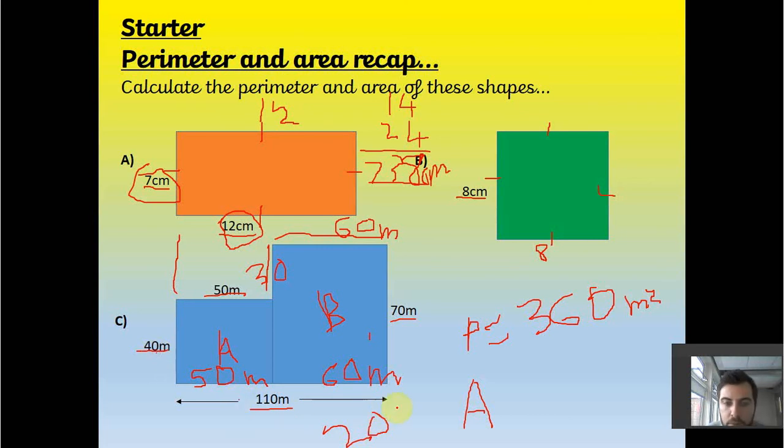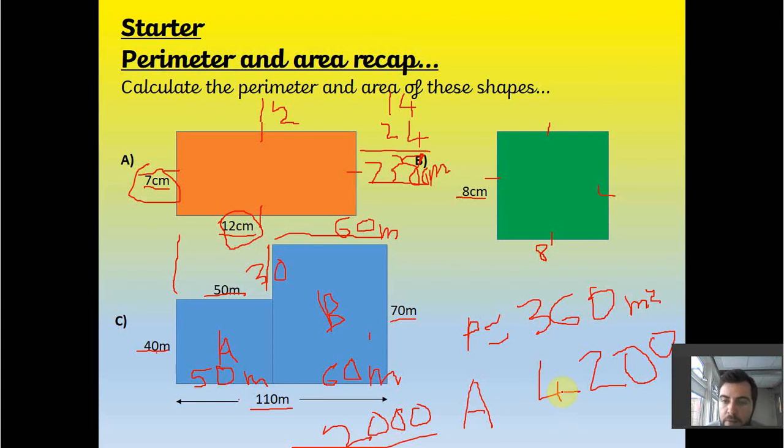So I've got 2 zeros, which will give me 2,000. Alright, so I know that will give me 2,000 for A, 2,000 meters, the area, and then for B I do the same, but I do 60 length times width, 60 times 70, which gives me 6 times 7, sorry, is 42. And then I add my 2 zeros on, okay, which gives me 4,200.